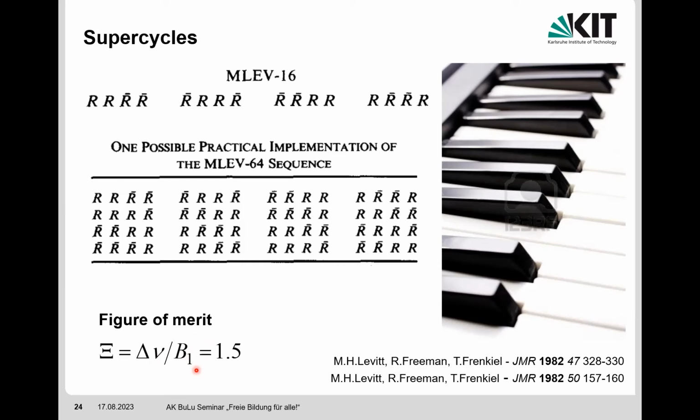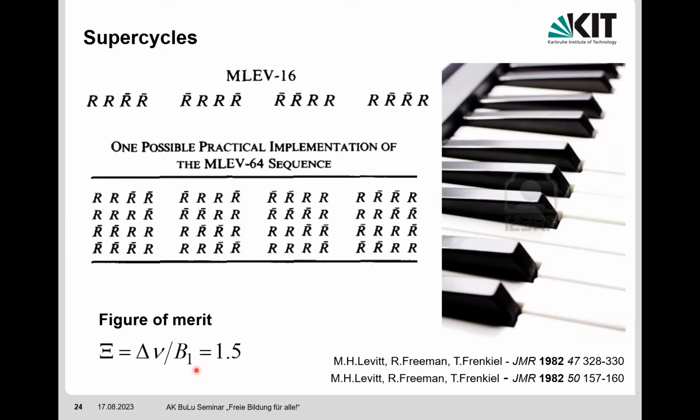If you apply it with a 5 kilohertz RF amplitude, in this case 1.5, you get 7.5 kilohertz that you decouple. If you apply it with an RF amplitude of 10 kilohertz, then you get double, you get 15 kilohertz decoupling. And an RF amplitude of 10 kilohertz corresponds to a 90-degree pulse of 25 microseconds.